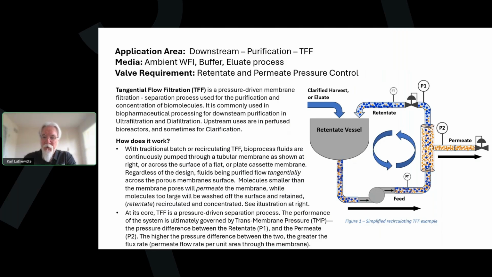So that pressure difference across the membrane is called the transmembrane pressure, or TMP. And in the illustration, you'll see I've got P1, that's the retentate pressure on the retentate line, and P2 is the pressure on the other side of the membrane. So transmembrane pressure really drives that migration of those smaller molecules across that membrane, and that's important to remember.